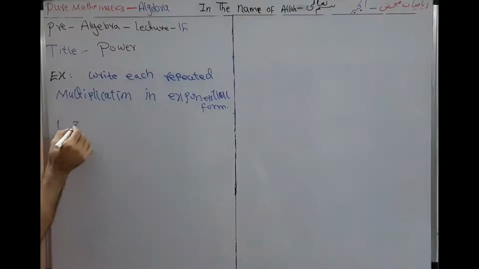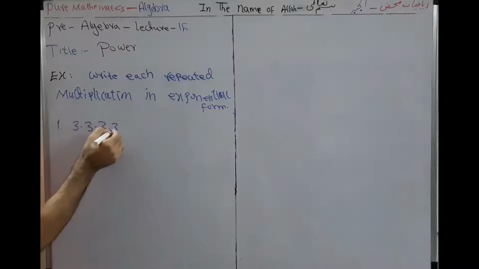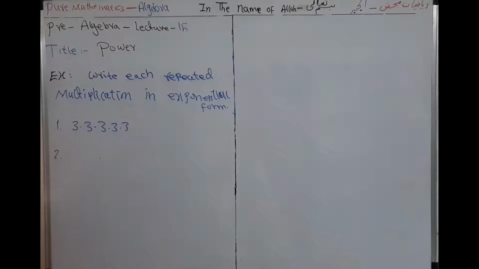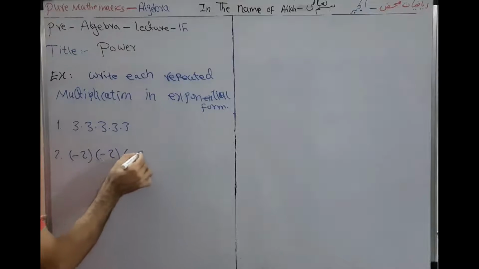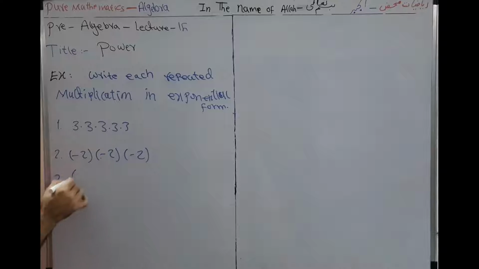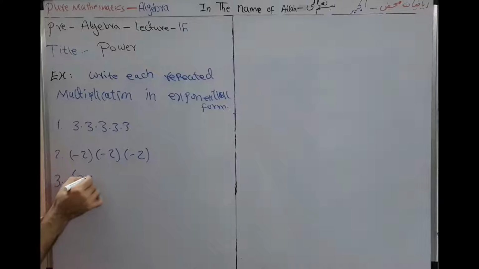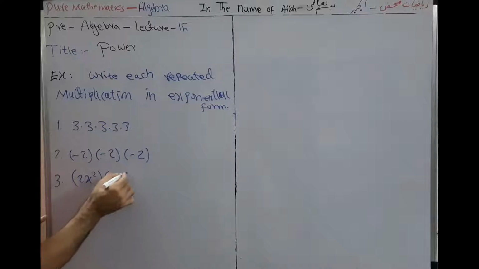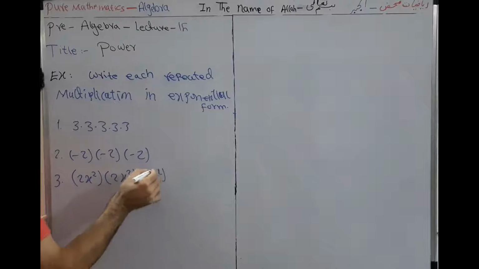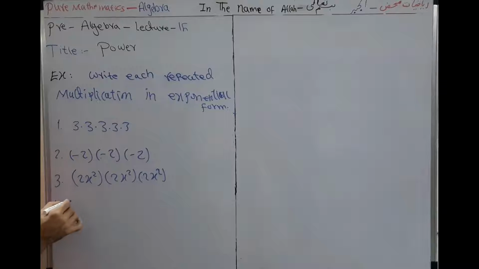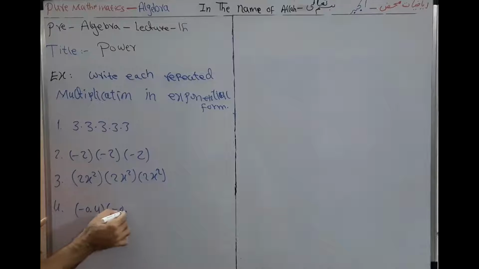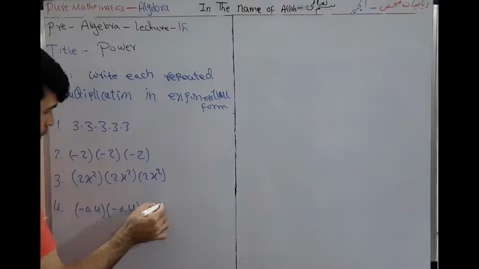Number 1, 3 into 3 into 3 into 3 into 3. Number 2, minus 2 into minus 2 into minus 2. Number 3, 2x squared into 2x squared into 2x squared. Number 4, minus 0.4 into minus 0.4 into minus 0.4.